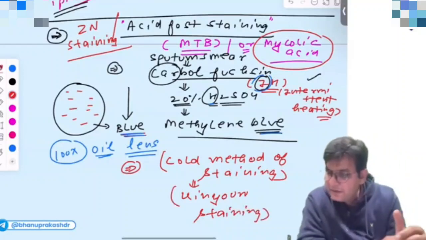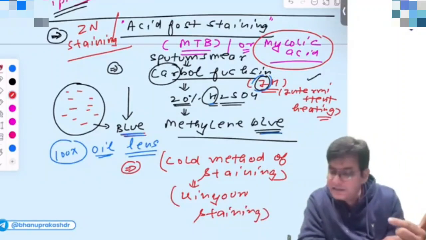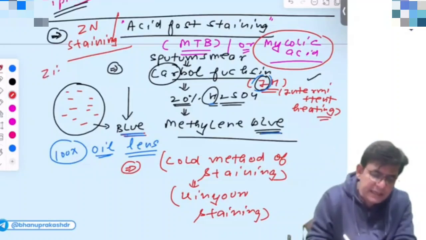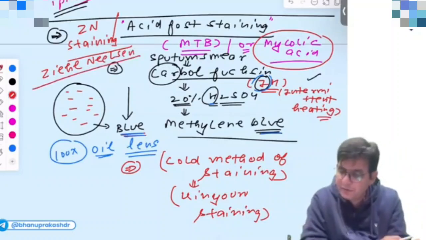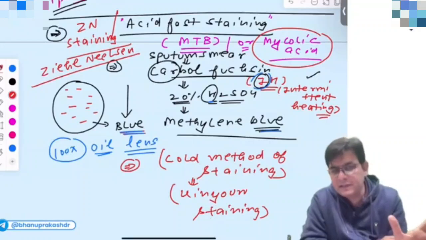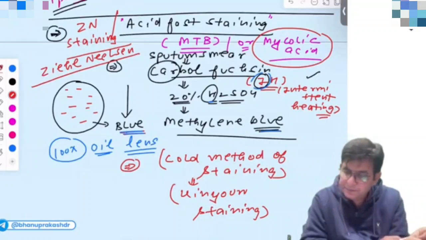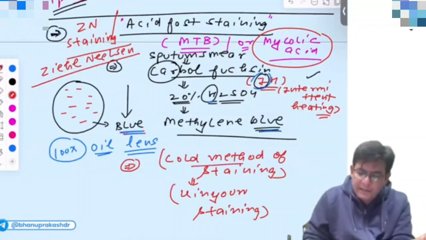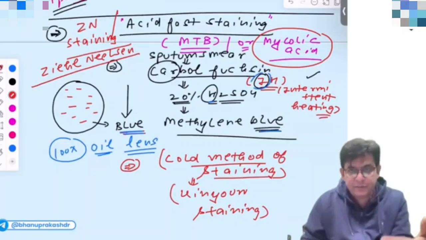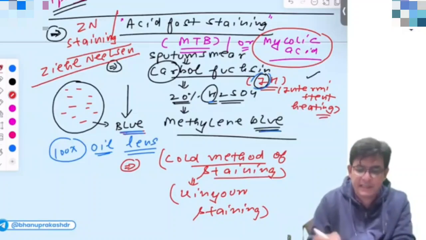The other name of acid fast staining is ZN, Ziehl and Neelsen, the two scientists who modified the acid fast staining. That is also termed ZN staining. So the cold method of staining is a modification of what? ZN, Ziehl and Neelsen.